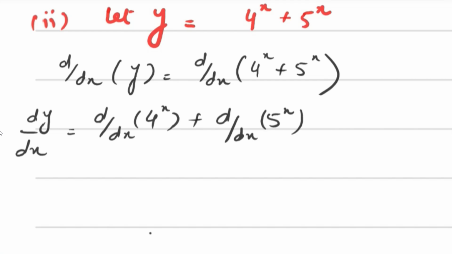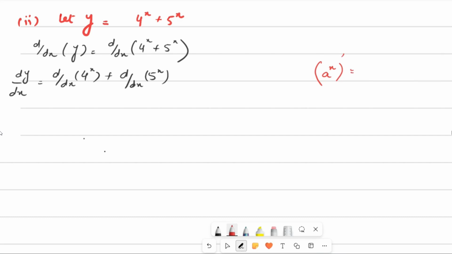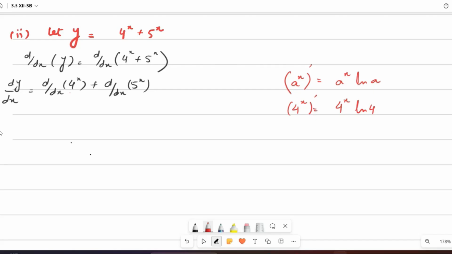We know the formula that whenever we have a raised to the power x, its derivative will be equal to a raised to the power x ln a. Here in the place of a it's 4. So the derivative of 4 raised to the power x is equal to 4 raised to the power x ln 4.